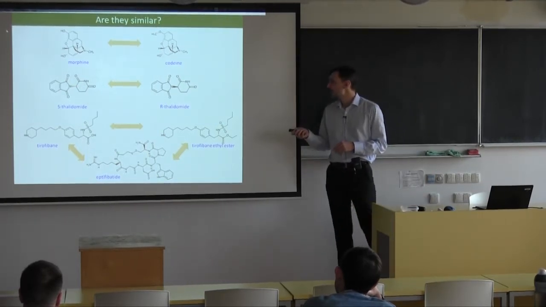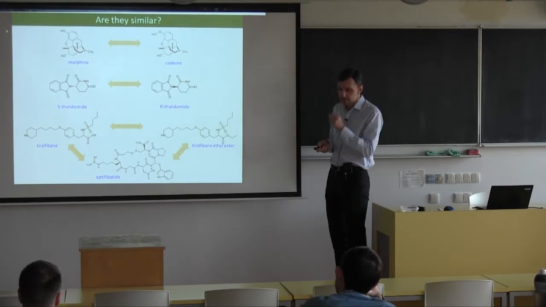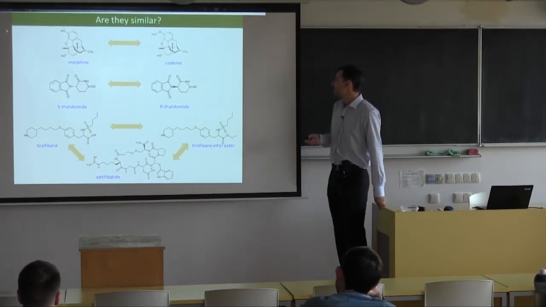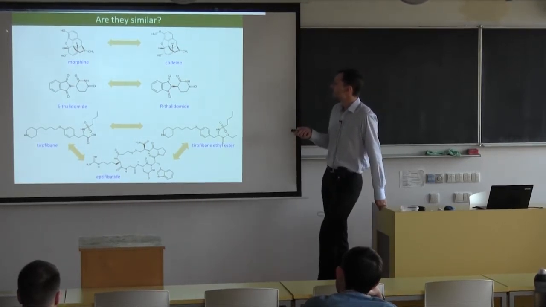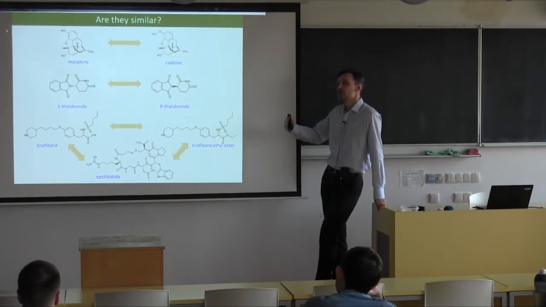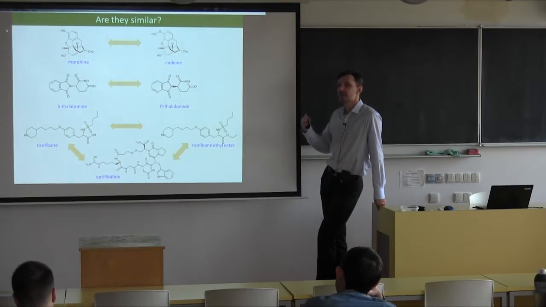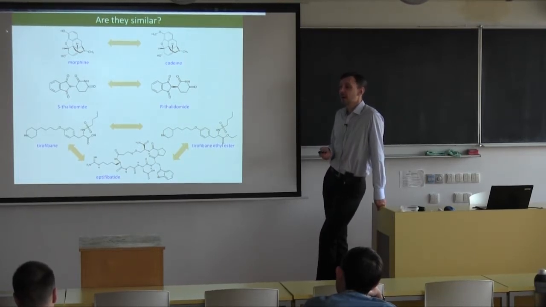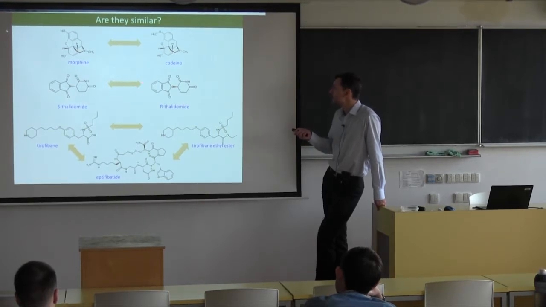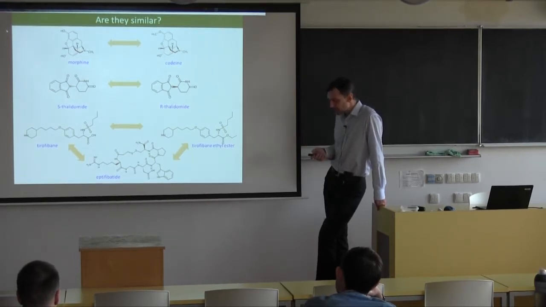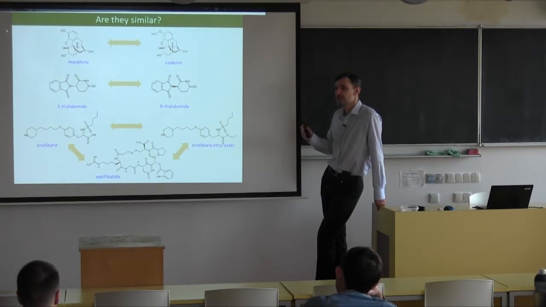Thalidomide is a well-known story. This drug was developed, and after it was launched on the market, a serious teratogenic effect was discovered for this compound. This teratogenic effect was possibly caused by one enantiomer of this compound, and it was launched as a racemate, so it is a mixture of compounds.